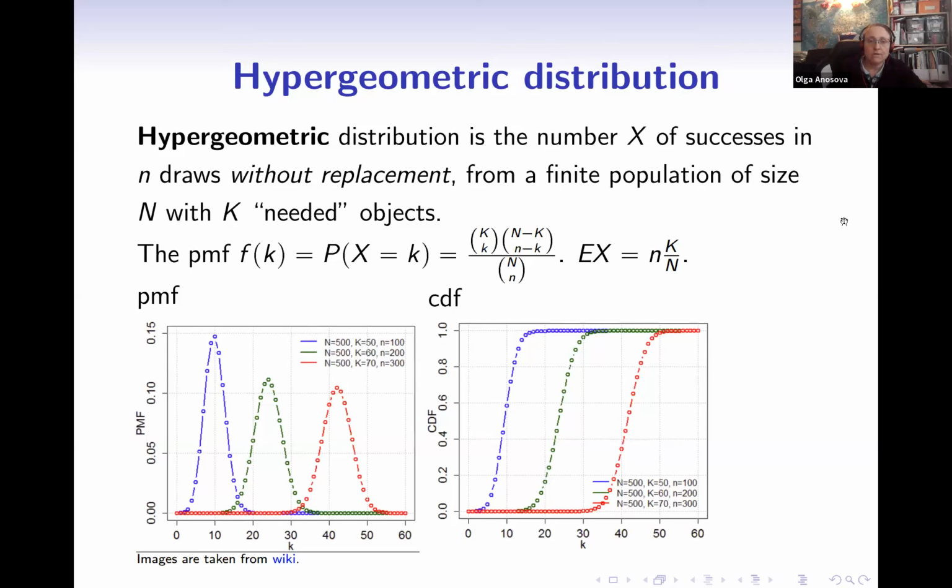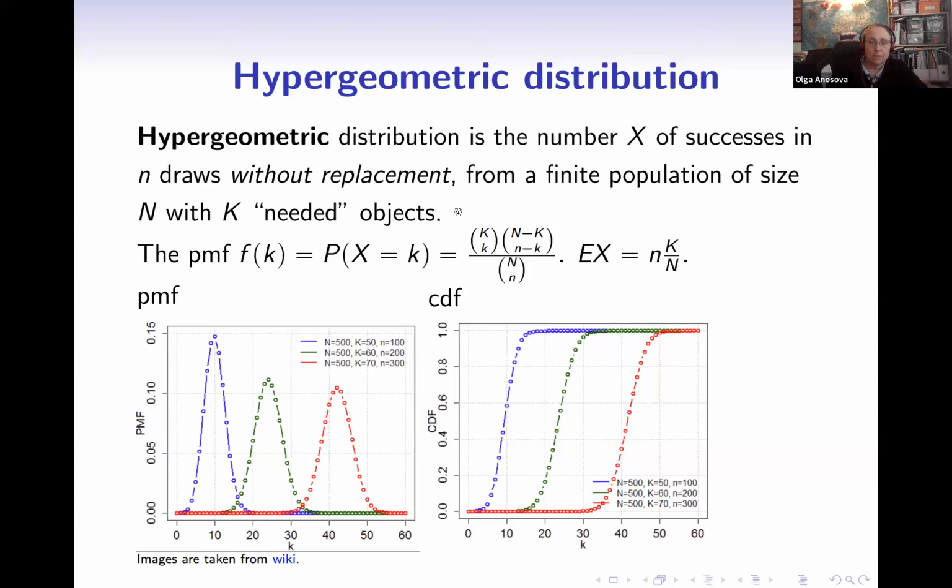It's the draws without replacement. Which means that to avoid total exhaustion, we need also to give the size of the population and also the size of the possible positive objects. And in this case, it's again a discrete distribution where we can define any probability.